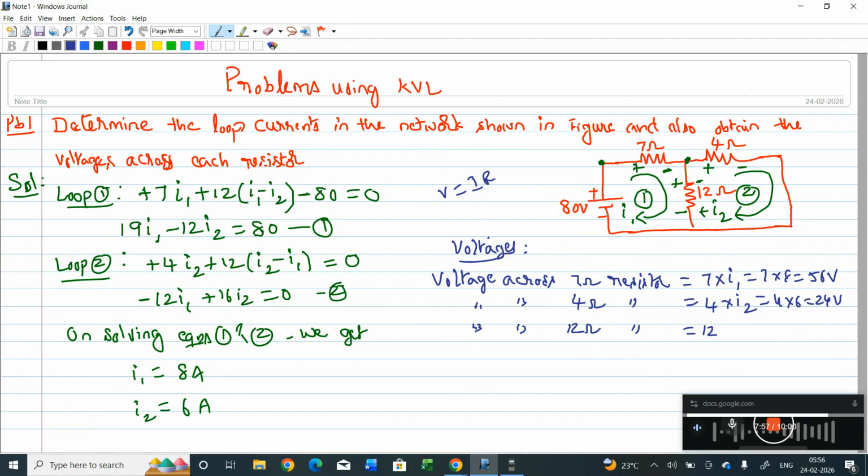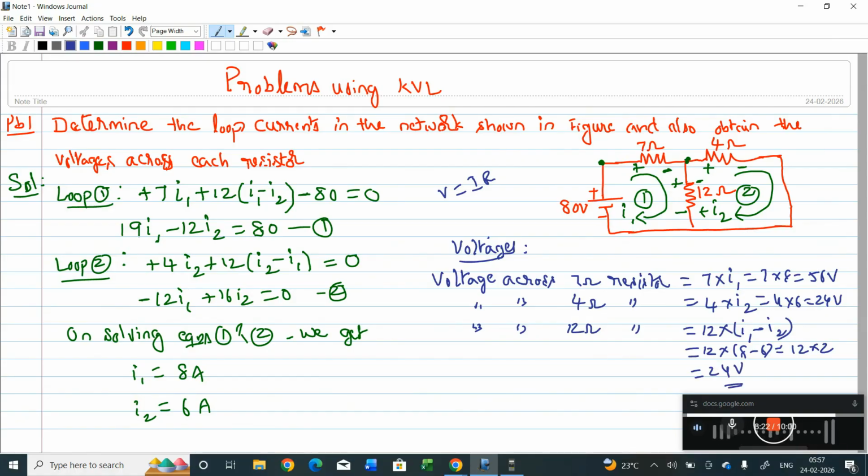So we calculate that voltage drop: 12 into, as we are taking I1 as reference, I1 minus I2. So that is equal to 12 into 8 minus 6. So 12 into 2, which is equal to 24 volts.